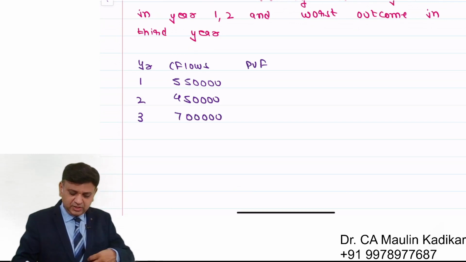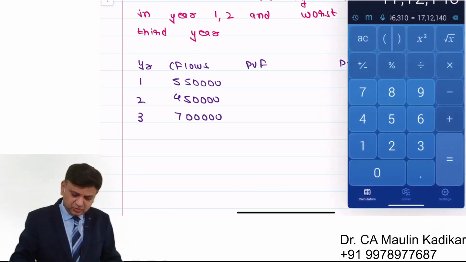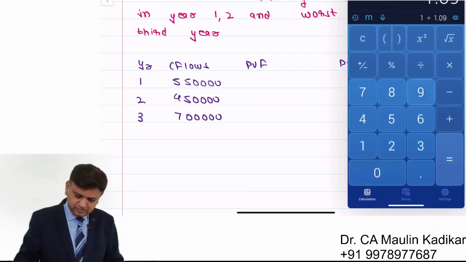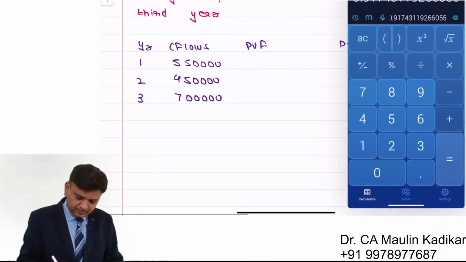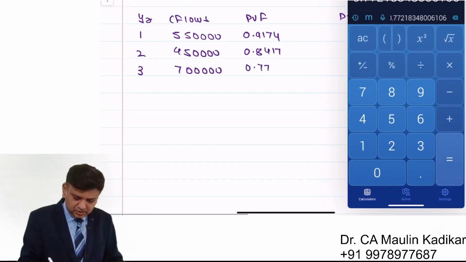The present value factors we have already found, and based on that we get the present value cash flows: 0.9174, 0.8417, 0.7722.